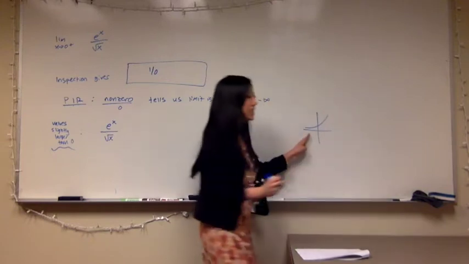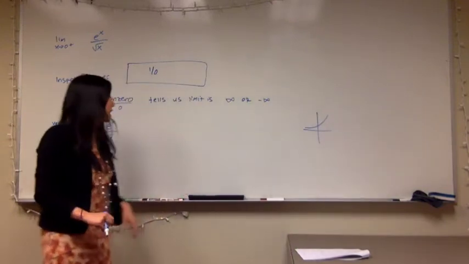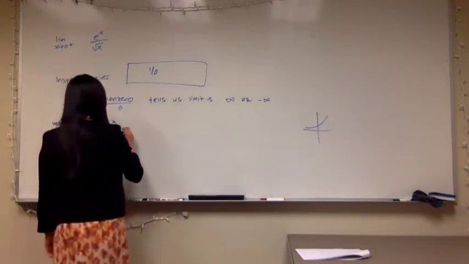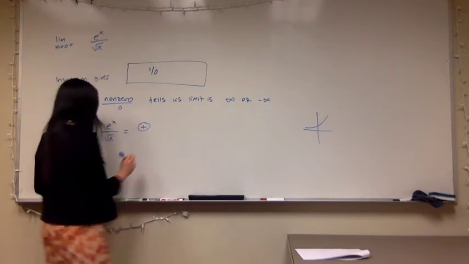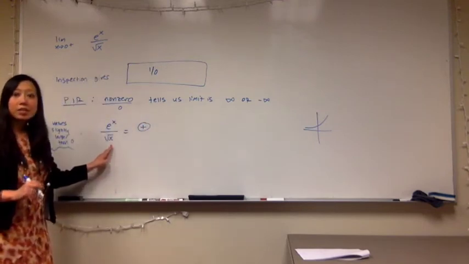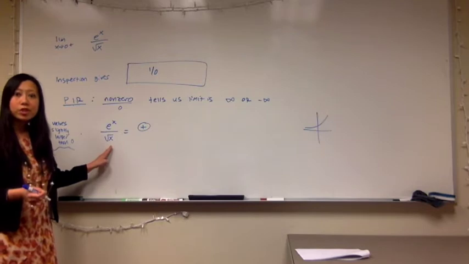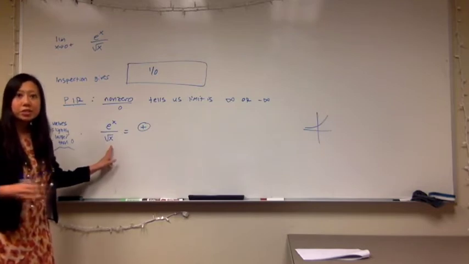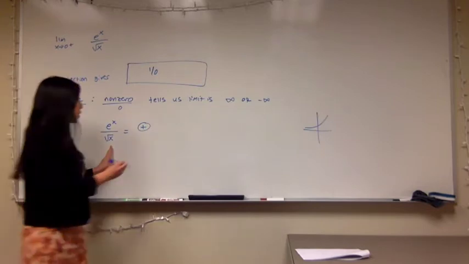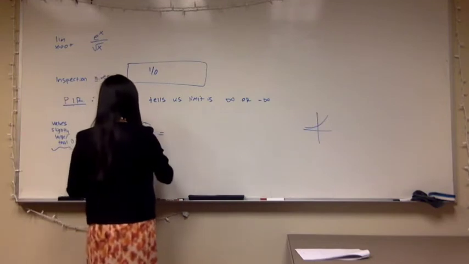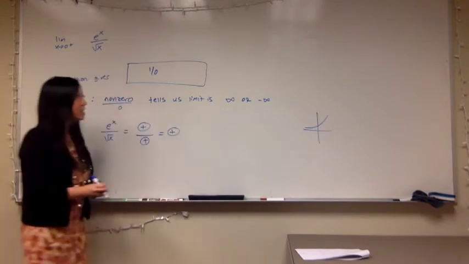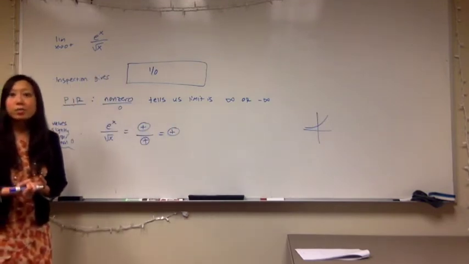You should know the graph of the exponential function. So we have positive, and then the denominator, if I'm coming from the right side of the square root function, if I take the square root of 0.0001, I know that's going to be positive as well. So we have a positive value, which tells us our limit must be positive infinity.